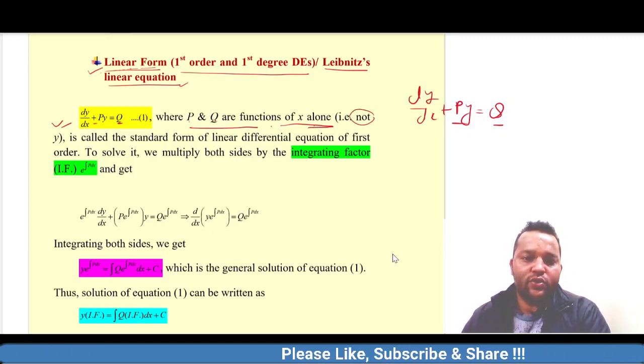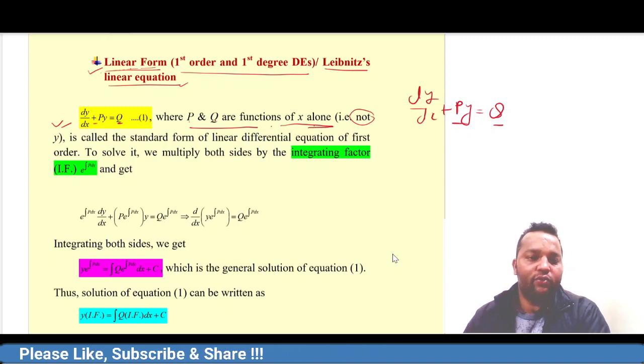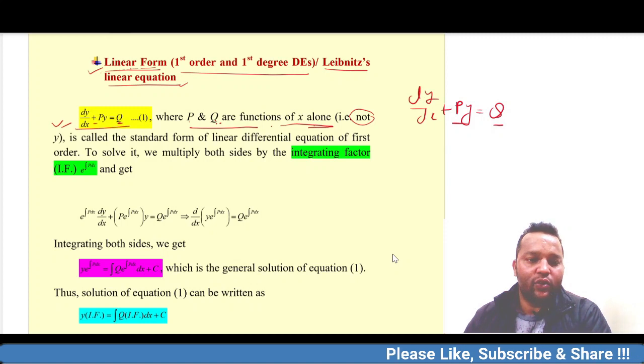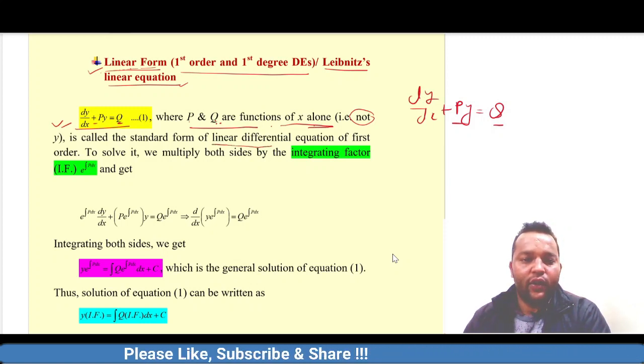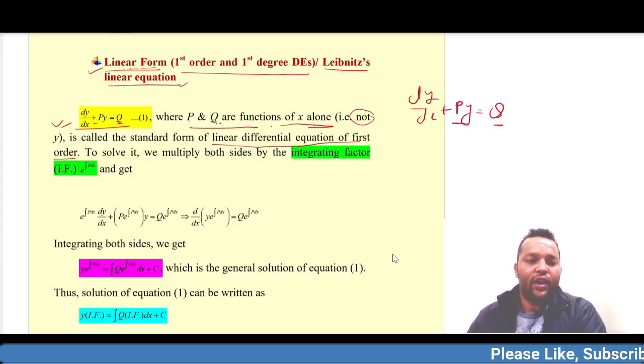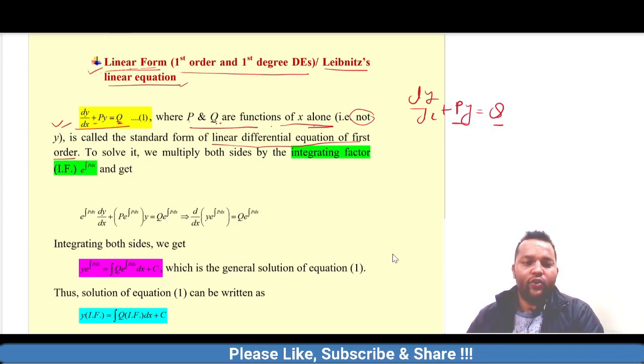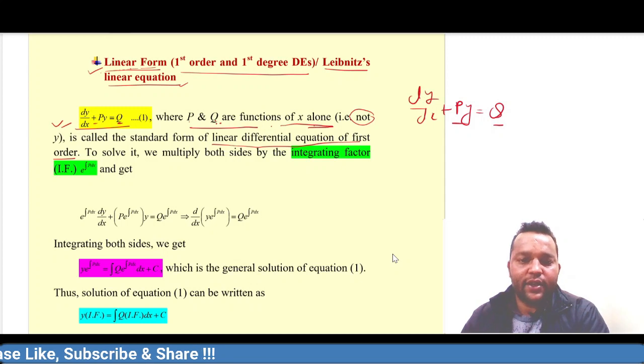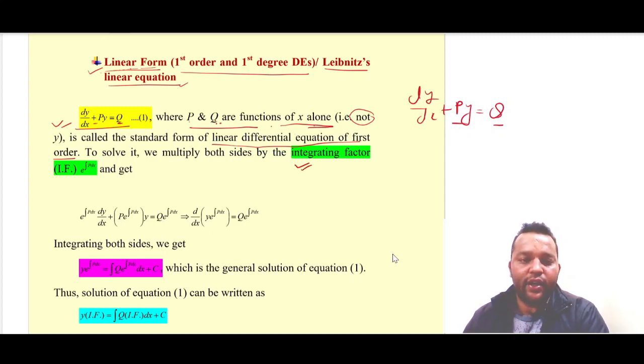That is, y should not be involved in any one of the functions p and q. Then this form is known as the standard form or general form of linear differential equation of first order and first degree. And in order to find its solution, Leibniz has first evaluated the integrating factor.